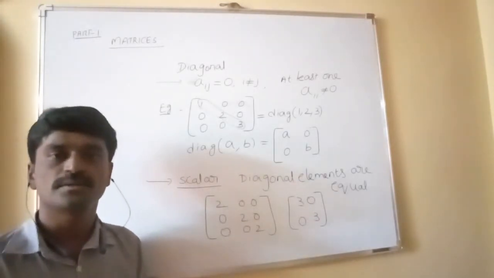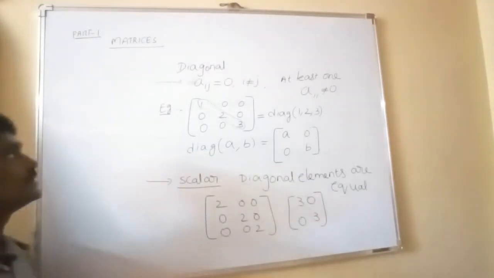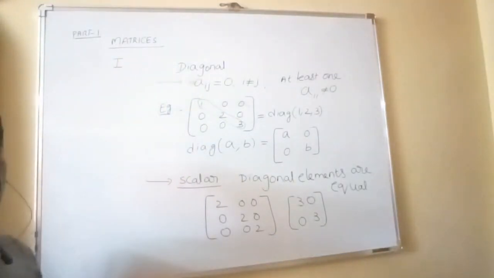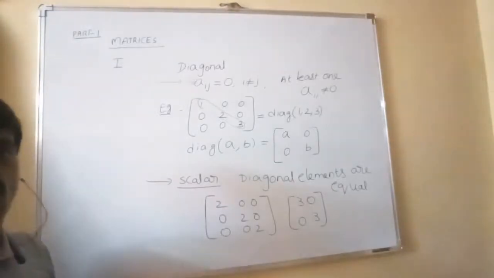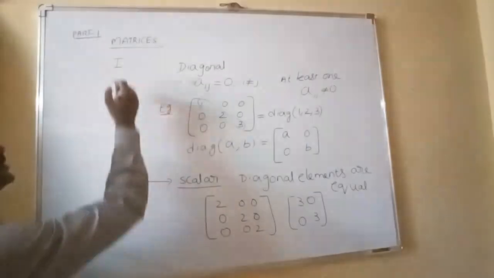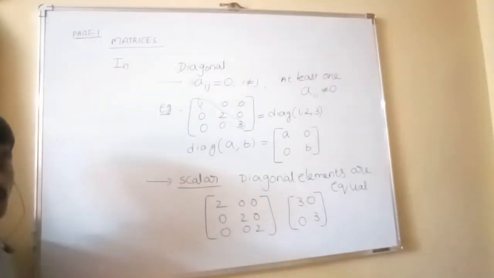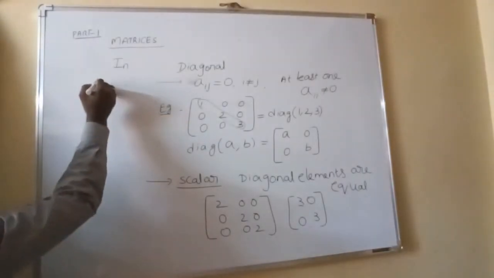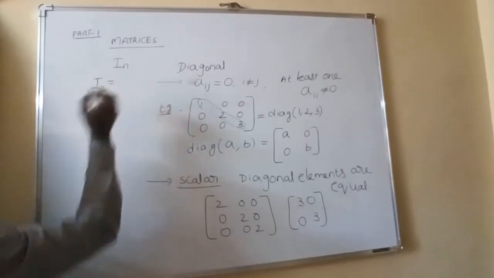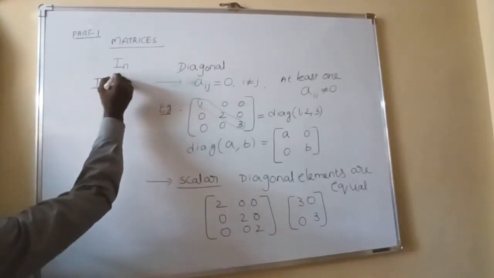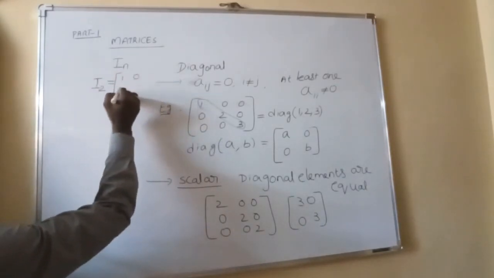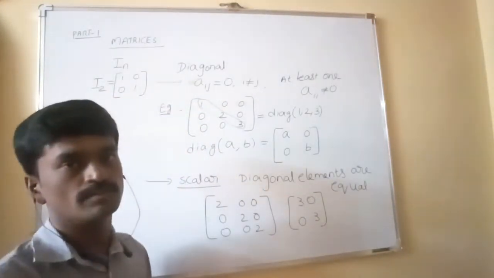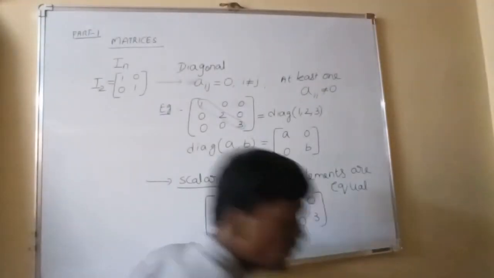The identity matrix is denoted by I, and if it is of order n, it is denoted by I n. For example, I2 is the identity matrix of order 2. So what is I2? 1 0, 0 1. Similarly, what is I3? 1 0 0, 0 1 0, 0 0 1.